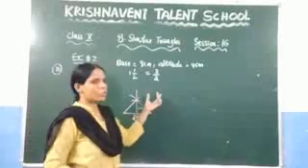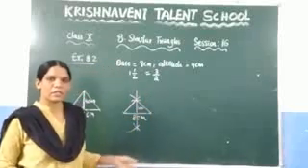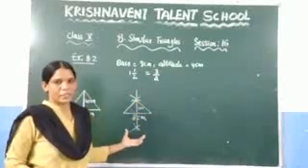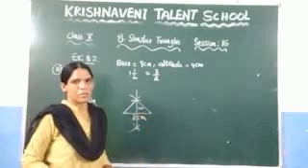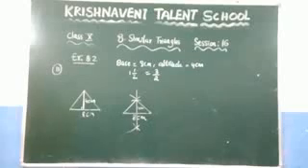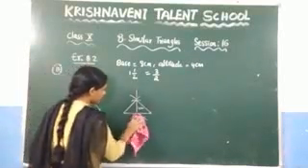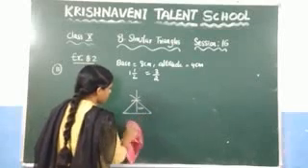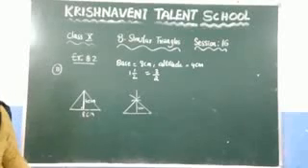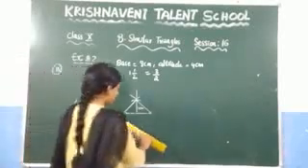Now you know how to draw the similar triangle by taking the ratio of 3 by 2. We have already done the 10th problem. If you are given an improper fraction, you will get a triangle bigger than this one. So let us draw that one. Since there is no need of this one, I am wiping this one off because you will get confused. Now you need to draw one acute angle.